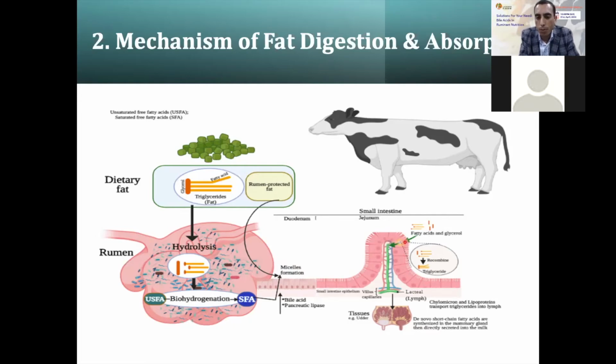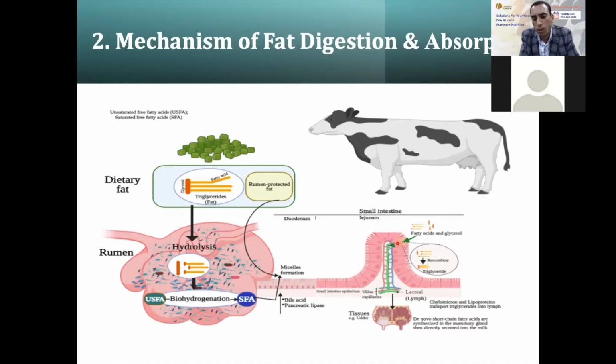Free fatty acids are absorbed in the small intestine wall. After absorption, inside the intestinal cells, they are reconverted back to triglyceride again, as the first form the animal ate.